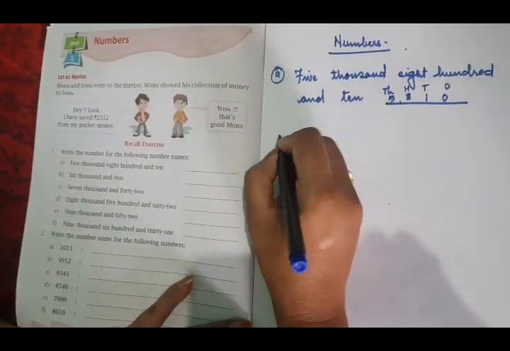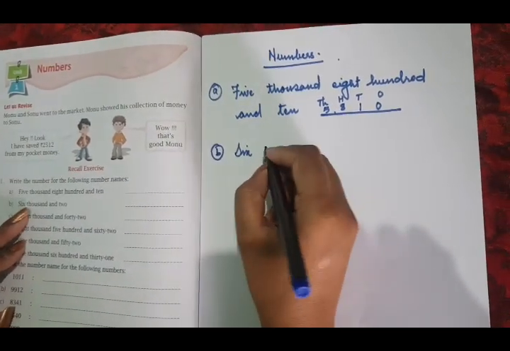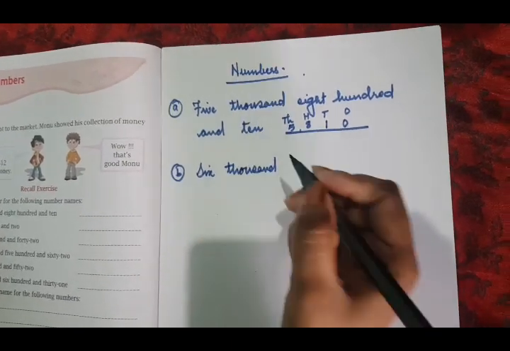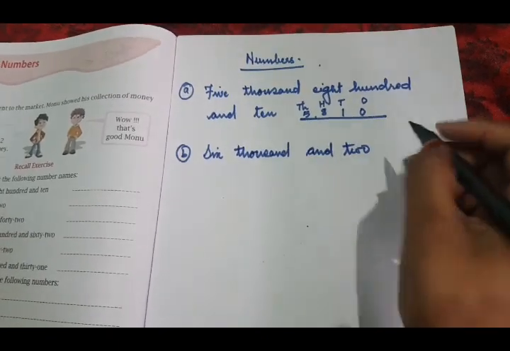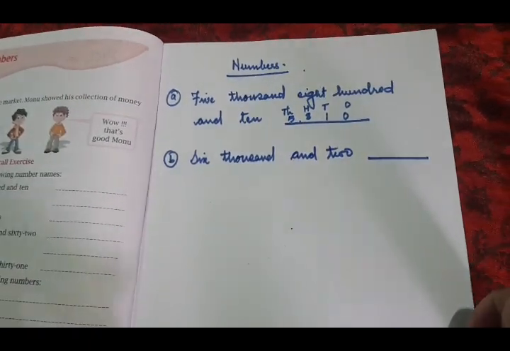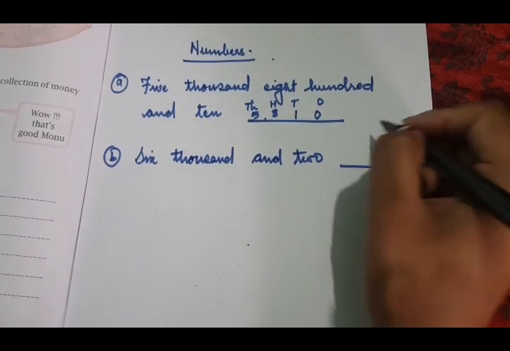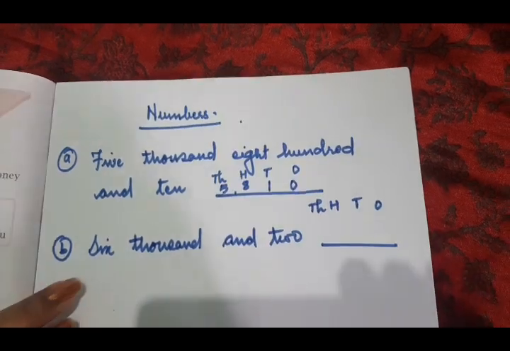Now in question number B, it's given 6,002. To find out the correct numeral, you can write ones, tens, hundred and thousand.